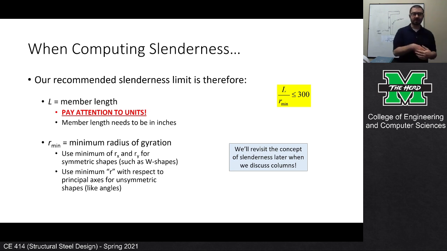But for angles, you're going to use the minimum r overall. For angles, you'll see that there's an rx and ry, but there is also an rz. That's because angles aren't symmetric with respect to the x and y axis, so there's a principal axis that you'll want to use for angles.